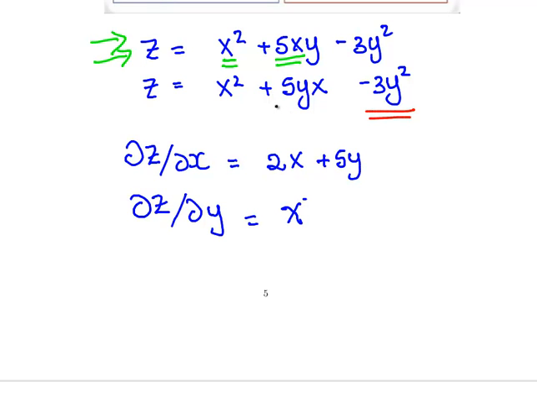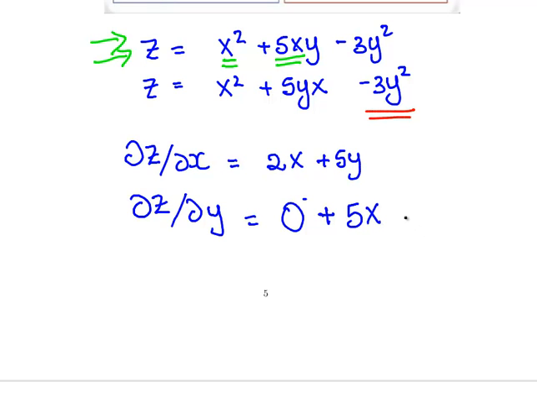So x squared is constant, and there's no y term there, so we're actually just going to give that a 0. Plus 5xy, that's a constant times y, and the derivative of that is just the constant, so in this case it is 5x.